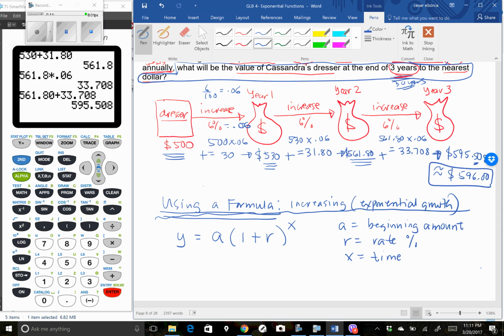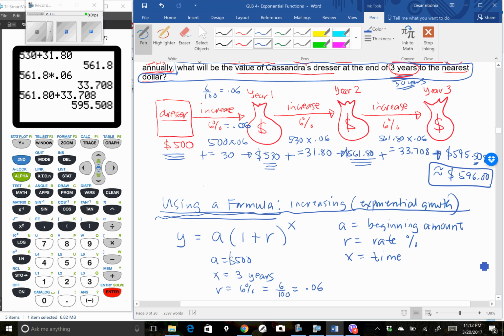We started with $500, so a is equal to $500, x is equal to 3 years, and r is equal to 6%. This can be changed to a decimal by dividing 6 over 100, which is 0.06.